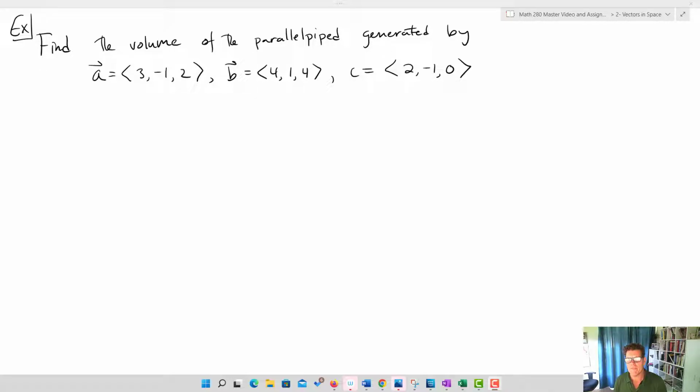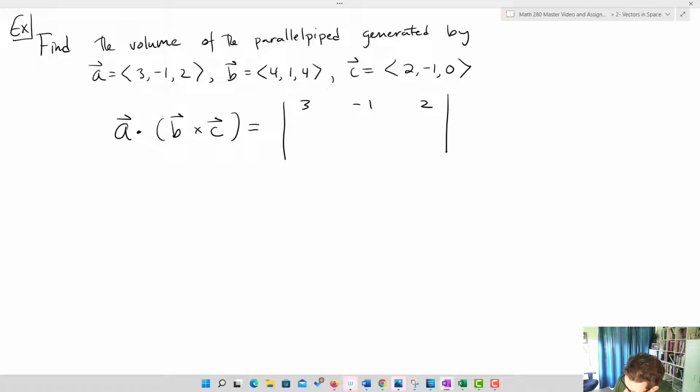So let's look at an example, just real quick here. We want to find the volume of the parallelepiped generated by these three vectors, A, B, and C. What that means is that we'll have A dotted with the cross product of B cross C. That triple scalar product, we know already, equals the determinant of the three vectors: 3, -1, 2, 4, 1, 4, 2, -1, 0.